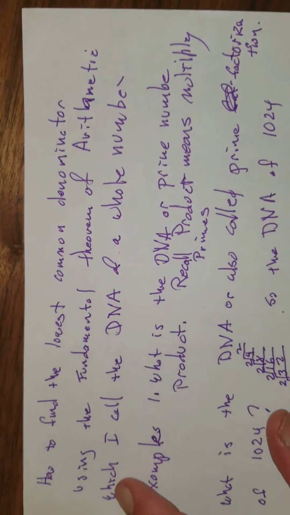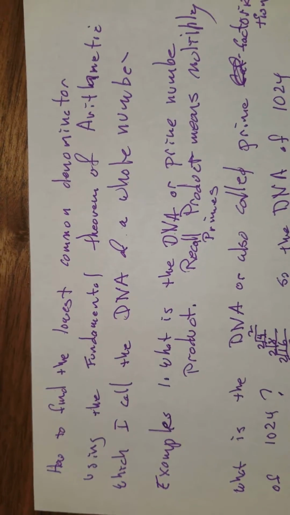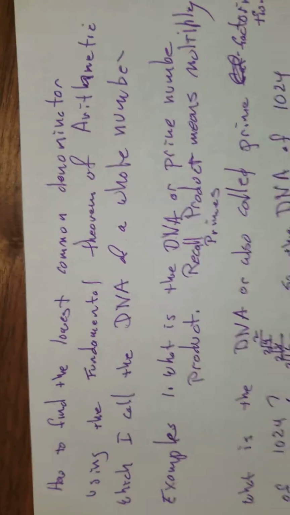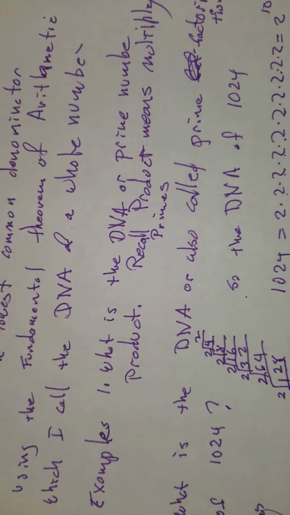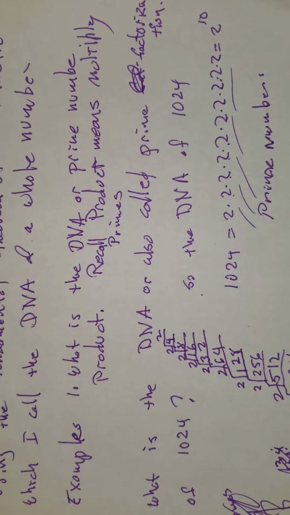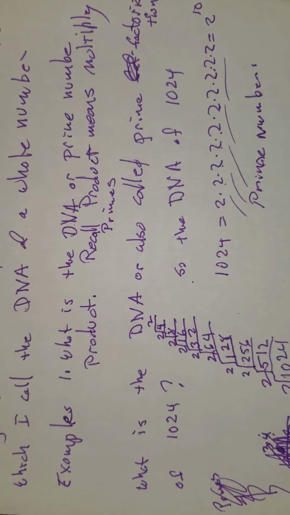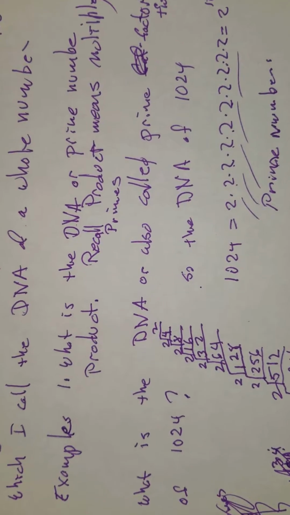So let's take a look. Here is how to find the lowest common denominator using the fundamental theorem of arithmetic, which I call the DNA of a whole number. Examples of DNA, or prime number products, means multiplying primes.